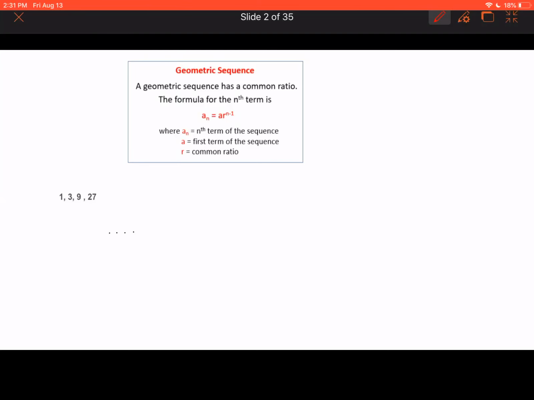For example, in the sequence 1, 3, 9, 27, the ratio between the terms is going to be the same. The second term divided by the first term is 3. The third term divided by the second term is again 3.